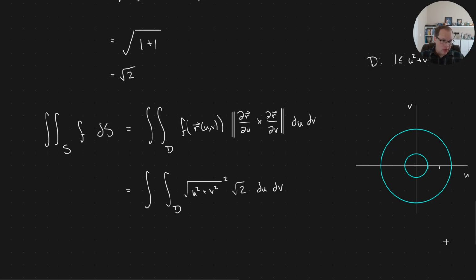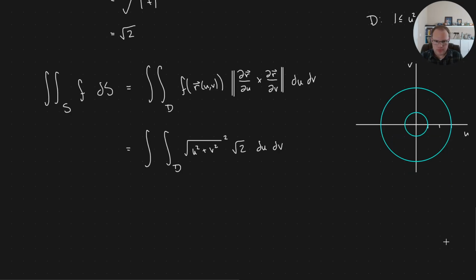Now I could try to integrate that in rectangular coordinates, the UV coordinates I already have, but let's make a change of variables and go to polar variables. If I do that, then the square root of u squared plus v squared, squared, the square root and the square go away, right? I get u squared plus v squared, but that's going to be r squared.